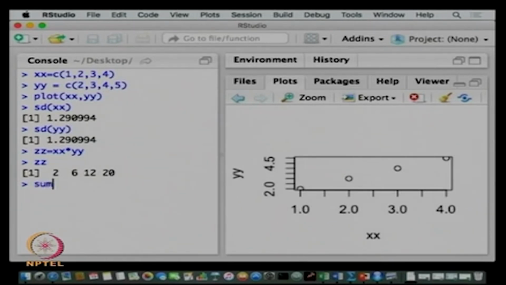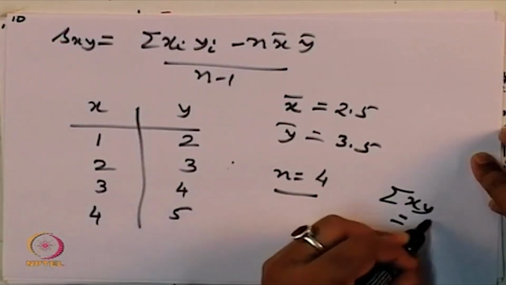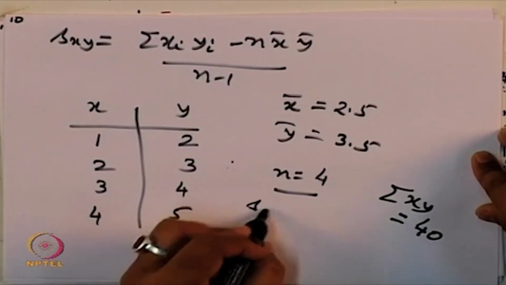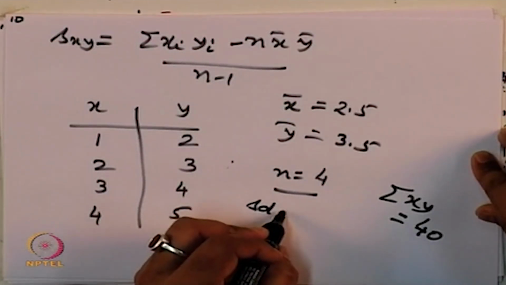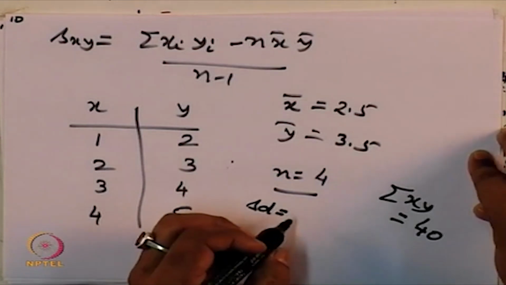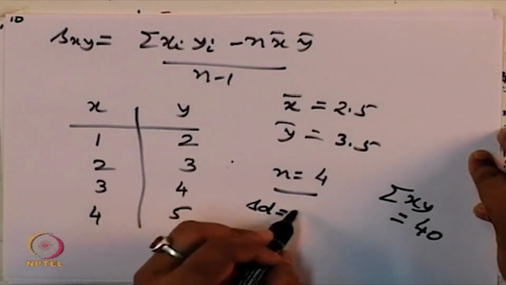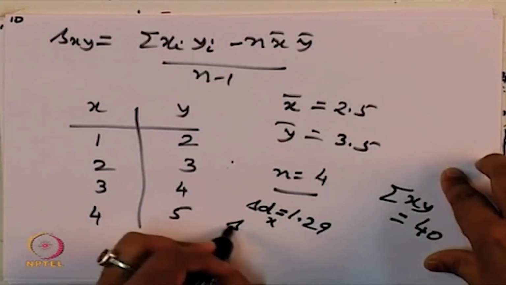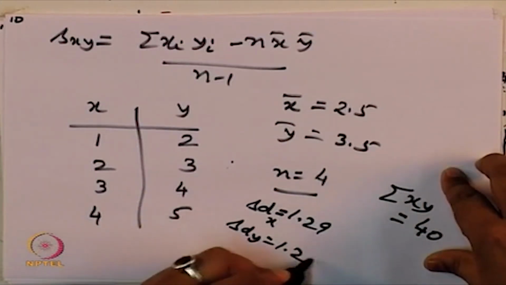If I do sum of zz, I get the complete value, which is 40. So, summation xy is coming out to be 40. I know the standard deviation of x is 1.29, and the standard deviation of y is also 1.29.